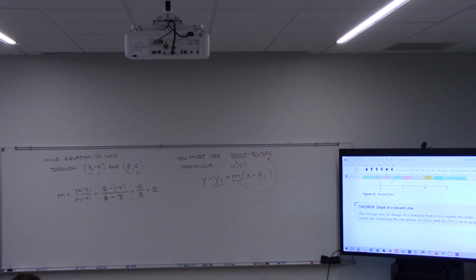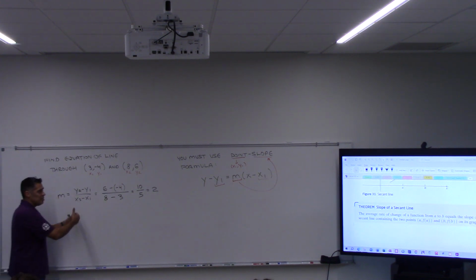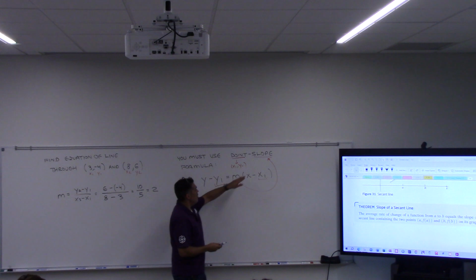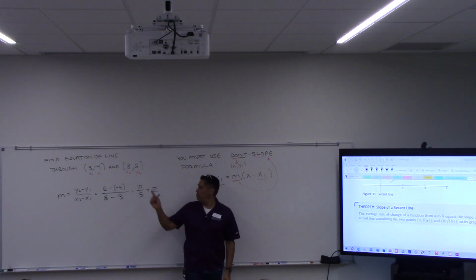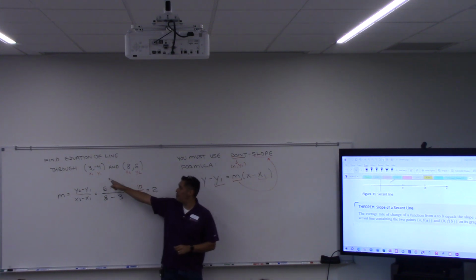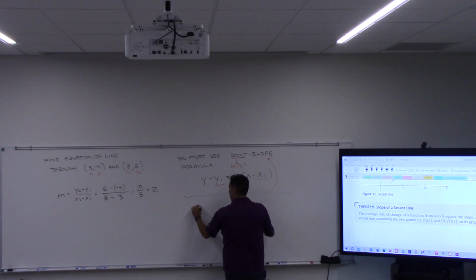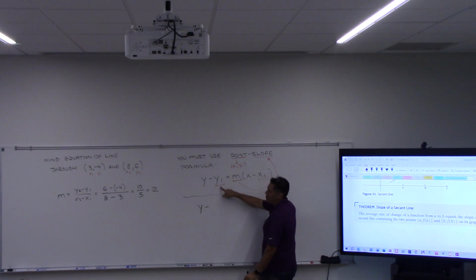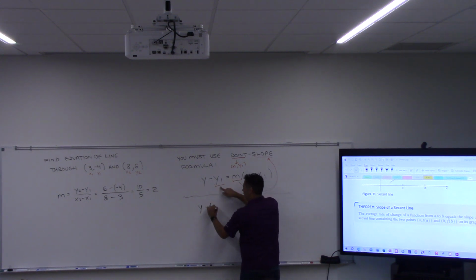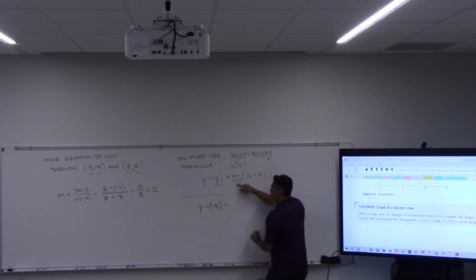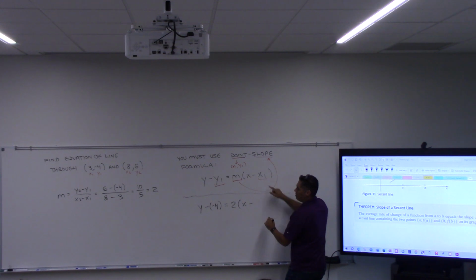Is that what we're asked for, to find the slope of the line? No, you want the equation of the line. So now that I have the slope, I can go over here and say, hey, wait, I have a slope, right? And I have a point. I actually have 2 points. I can use either one, but I'm going to use this one. So now, using this formula, y minus, what's y1 for us? -4 must equal the slope 2 times x minus x1, which is 3, like that.